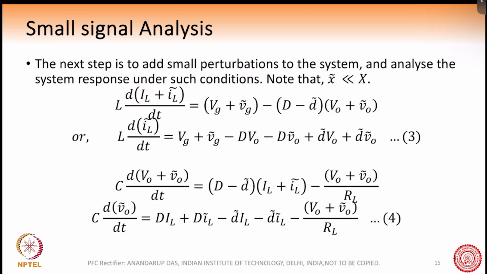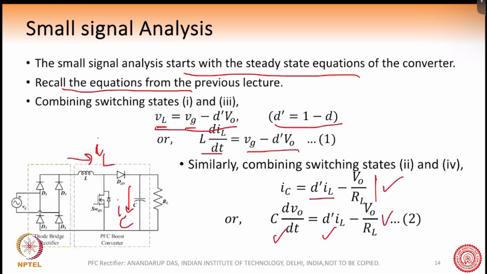We add a small perturbation to all the variables and analyze the system response under that small signal variation. For any variable, we assume that the perturbation is very small compared to the DC value or the quiescent point. So from the previous equation, we give a small perturbation.